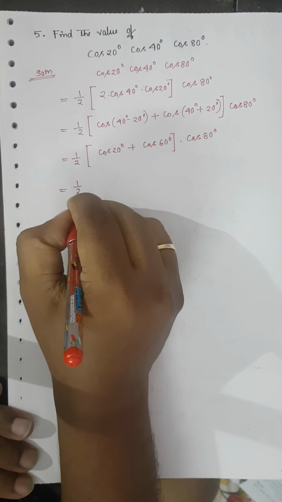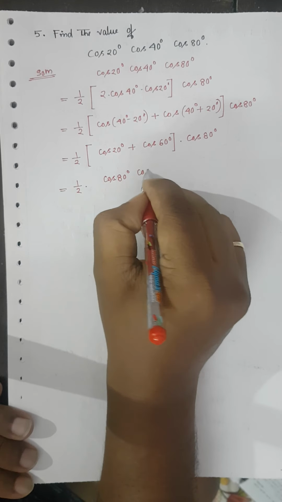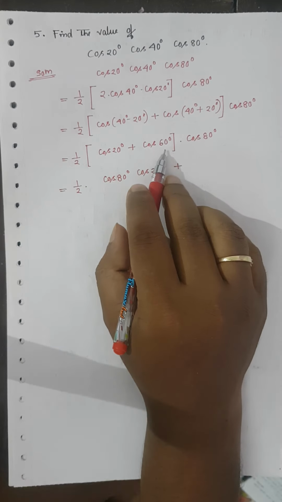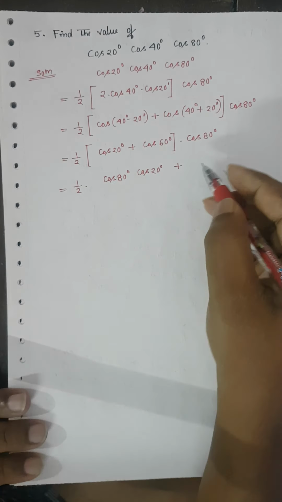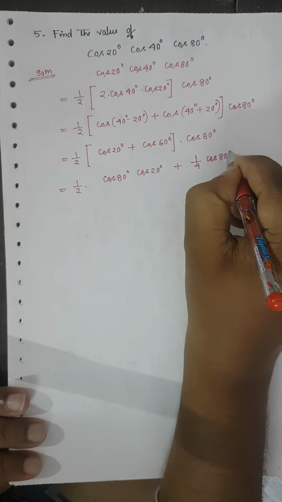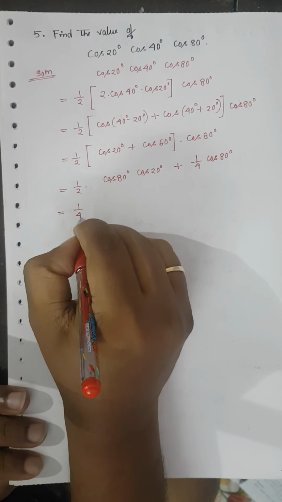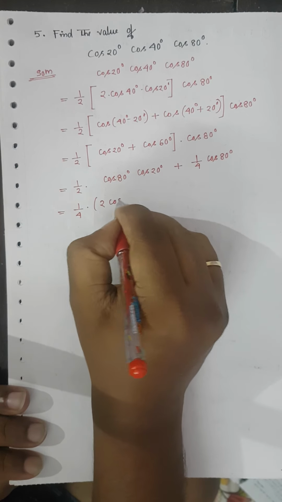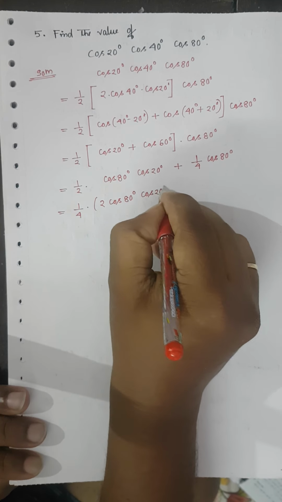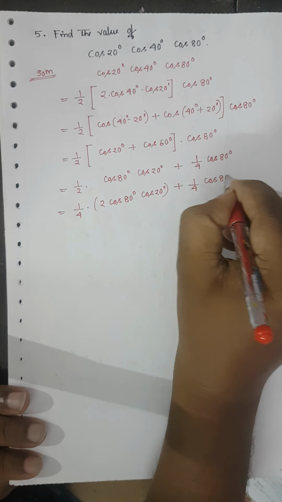So this is half into cos 80 multiplied by cos 20, plus half into cos 60. Cos 60 is equal to 1 by 2. This is 1/4 of cos 80 degrees. Now again, if I multiply by a 2 here, I'll get 1 by 4 into twice cos 80 degrees into cos 20 degrees, plus 1/4 of cos 80 degrees.